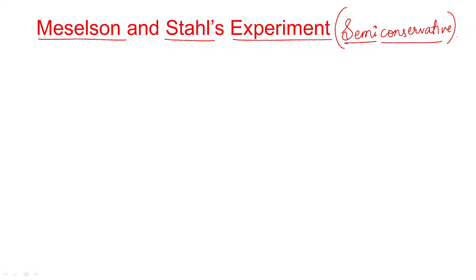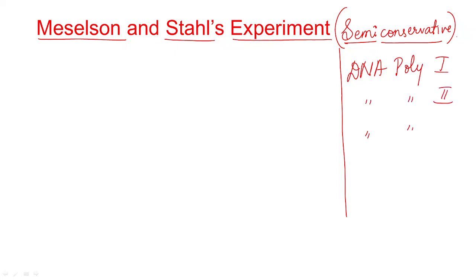And how exactly the DNA replication takes place, about that we had discussed in our previous video, and we ended with the functions of DNA polymerase 1, DNA polymerase 2 and DNA polymerase 3. Do remember, I repeat the same point at the beginning of this video.